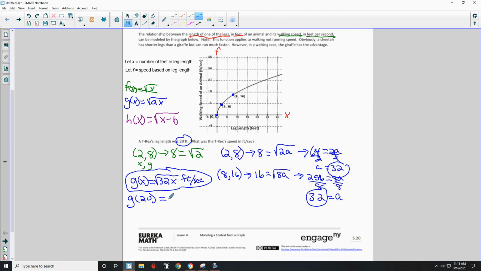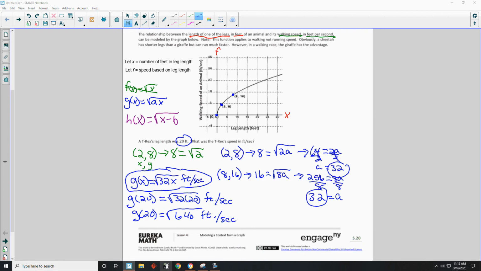So g of 20 equals the square root of 32 times 20 feet per second. Okay, so g of 20 equals the square root of 640 feet per second.